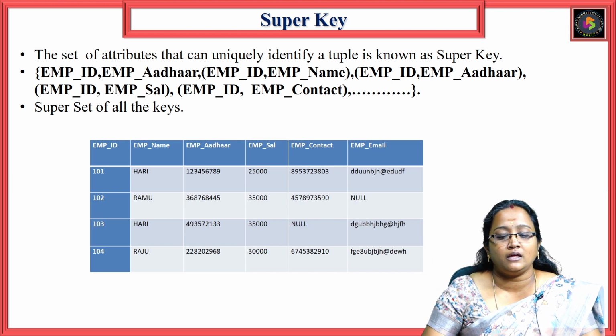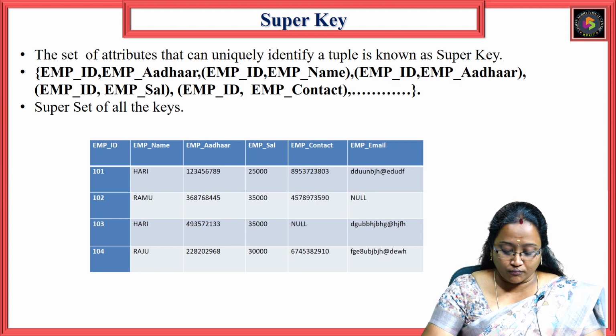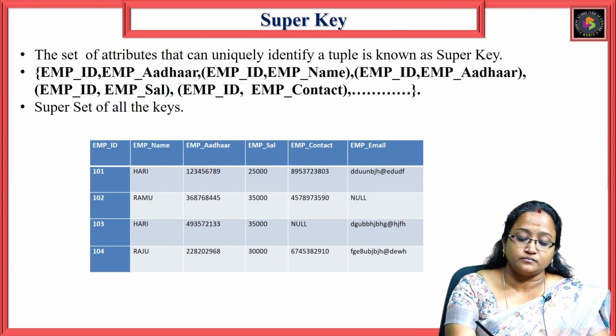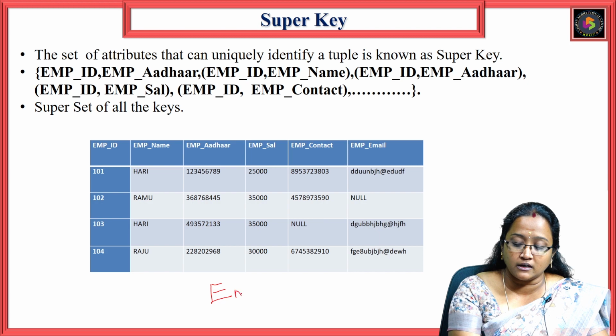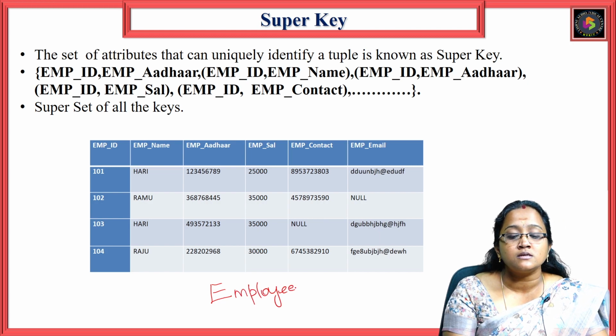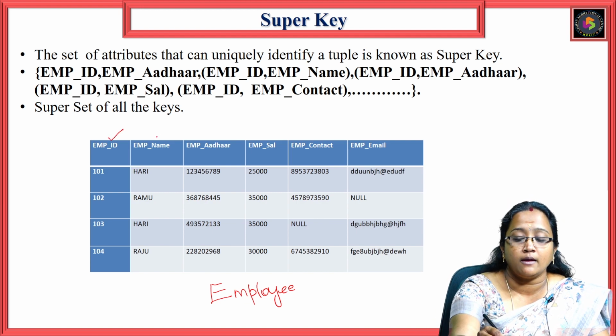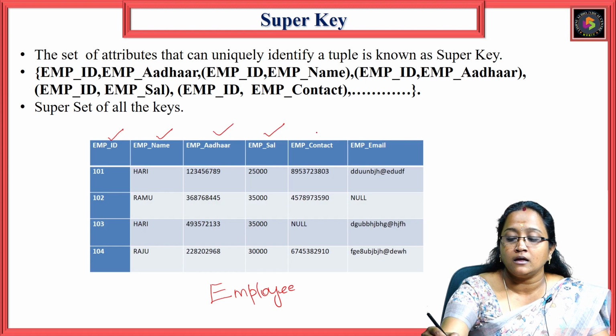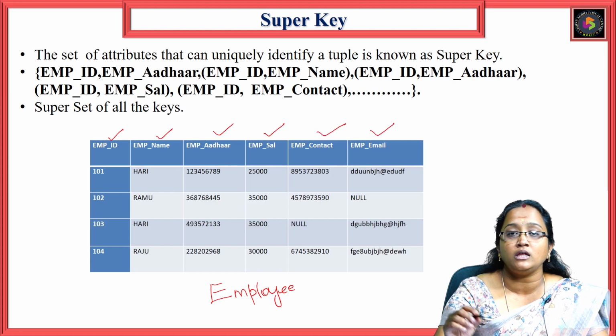Suppose here we are taking an example of an employee table. This is the details of an employee table, so this relation we can name as Employee. What are the attributes we are having? Employee ID, employee name, employee Aadhaar, employee salary, employee contact, employee email.